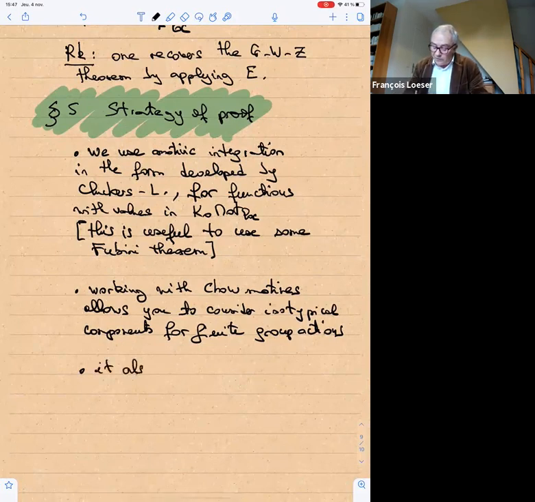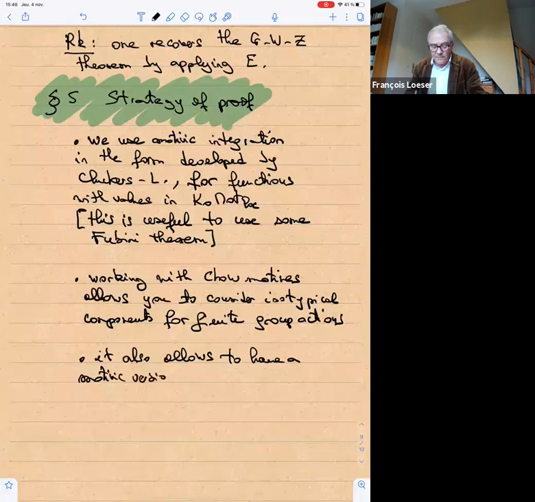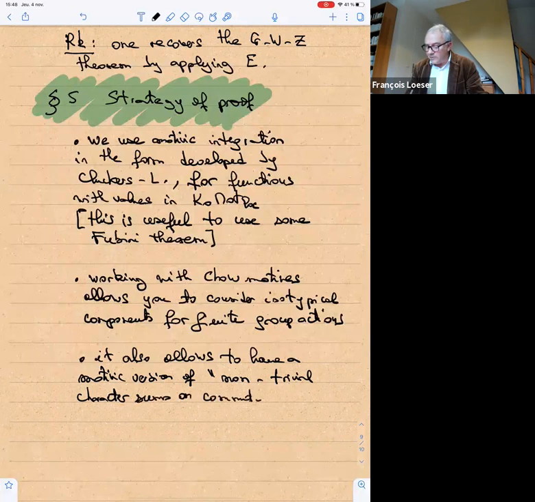And it's also very useful in several places, but one I want to mention here is that it also allows to have a motivic version of the statement that non-trivial character sums, by non-trivial I mean involving a non-trivial character, on say commutative algebraic groups vanish.